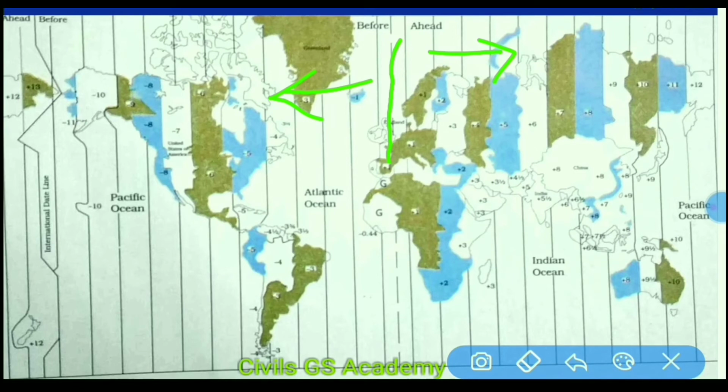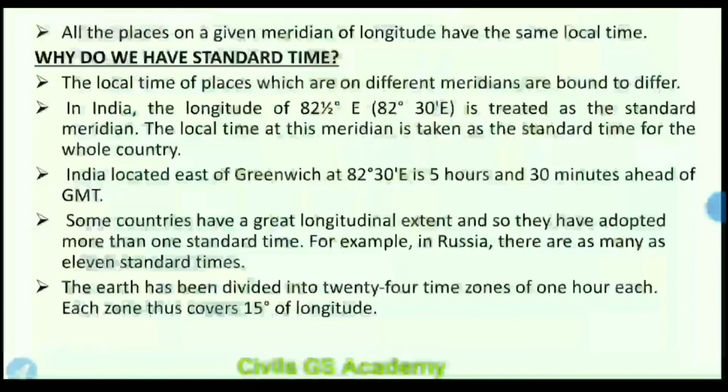And see here, this is the international date line. All the places on a given meridian of longitude have the same local time. So note this point, that all the places on a given meridian of longitude have the same local time.